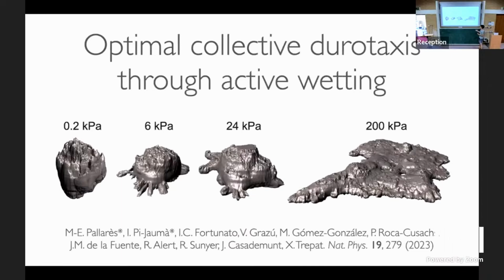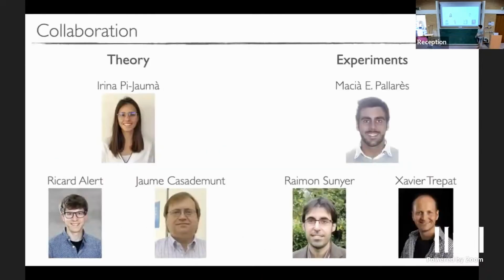This is the notion of optimal collective durotaxis through the physics of active wetting. This was a collaboration between theory and experiments. The experiments were done by Macià Pellarès in the lab of Xavier Trepat in Barcelona, and co-advised by Raymond Sunyer. And the theory was done by Irina Pujolma in the lab of Jaume Casademont, and co-advised by Raymond.